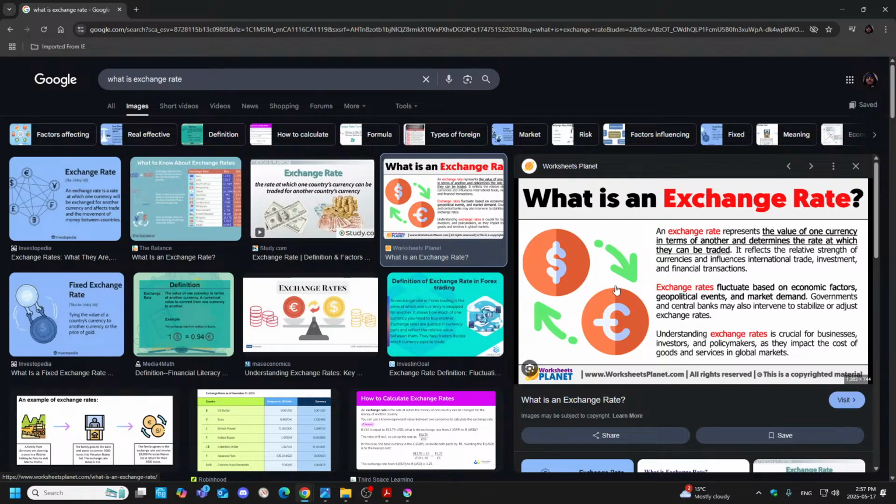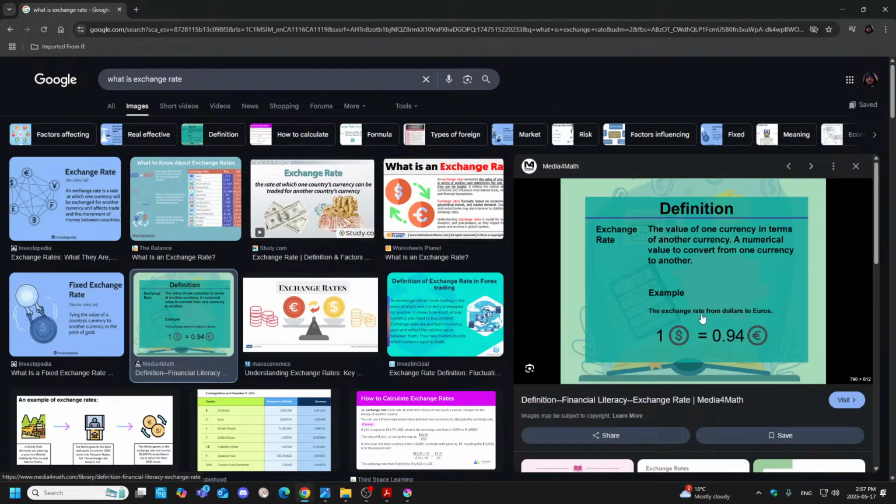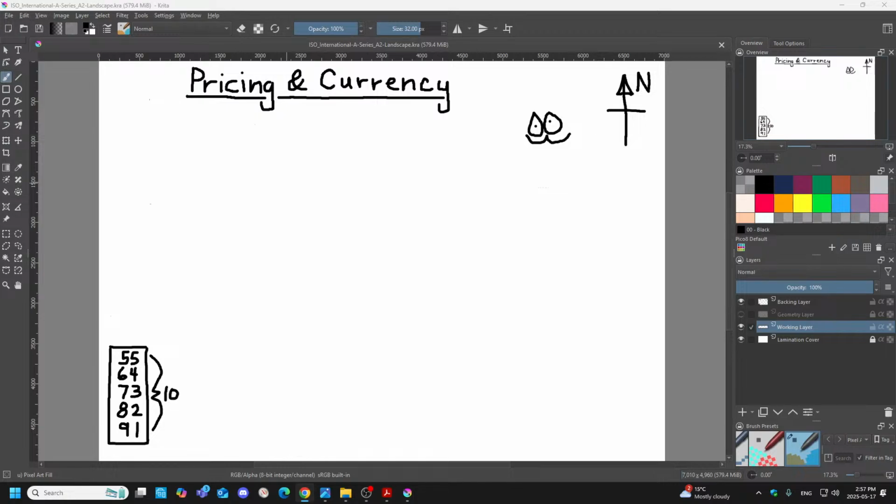You're going to want to figure out the exchange rate. For example, a dollar in your country might be so many lira in another country. So just have an understanding of that. It's used to convert between different currencies, essentially.